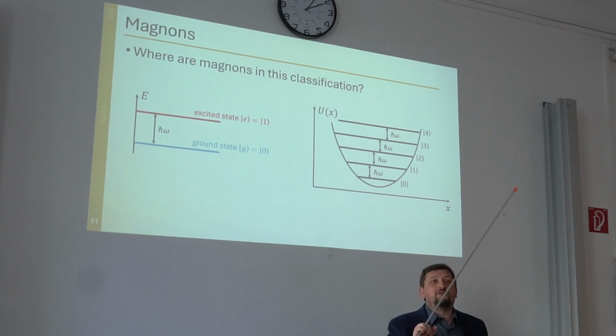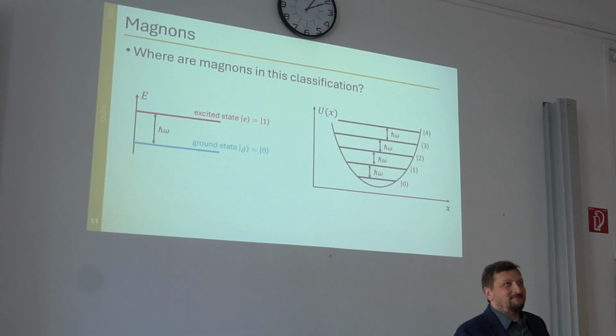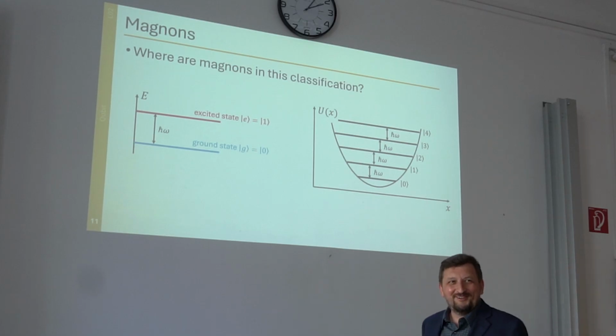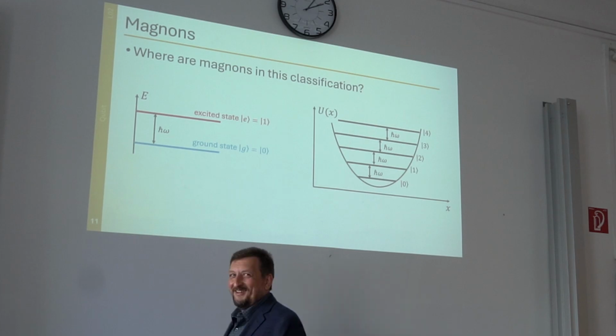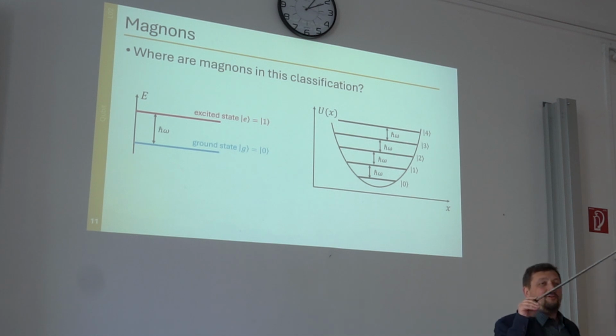So there are only two energy levels, two states for a spin. So why are you saying that it's this? Because they're bosons. But spin has only two levels. But for one magnon, it would be one spin, and a magnon is a collective excitation. Yes, this is right. This is a very good answer.